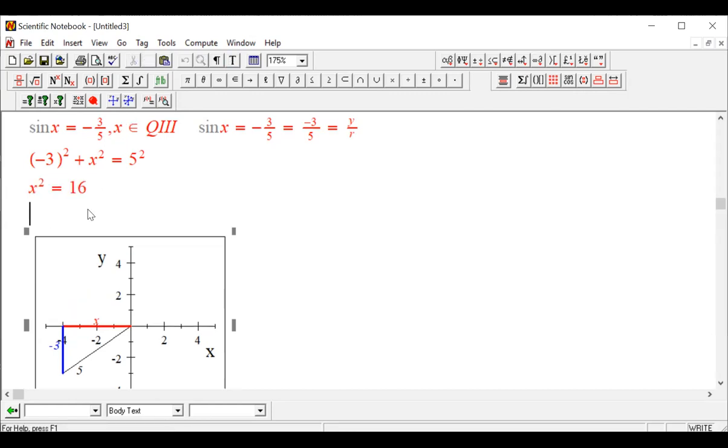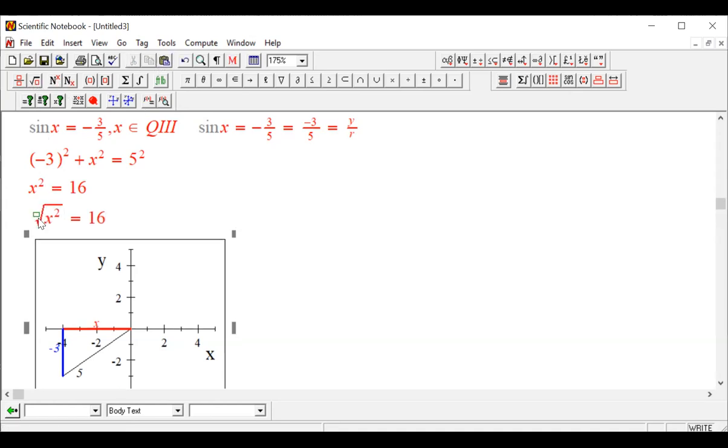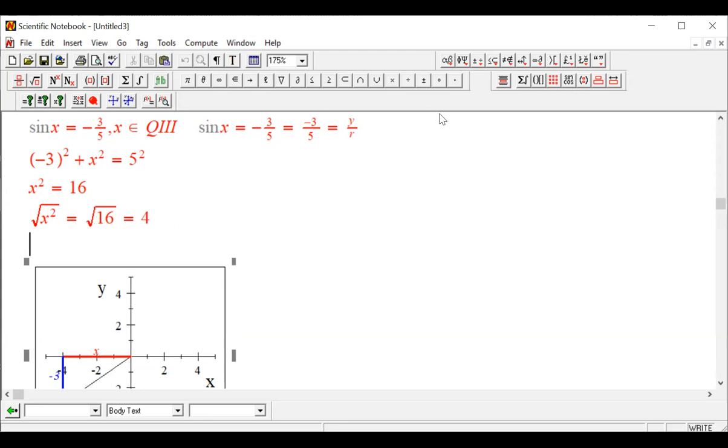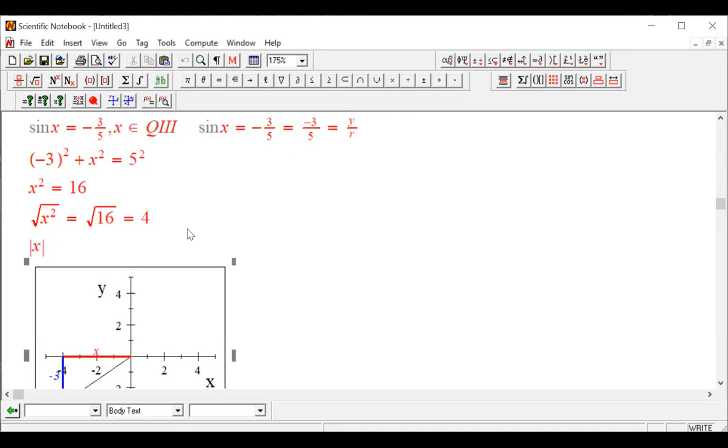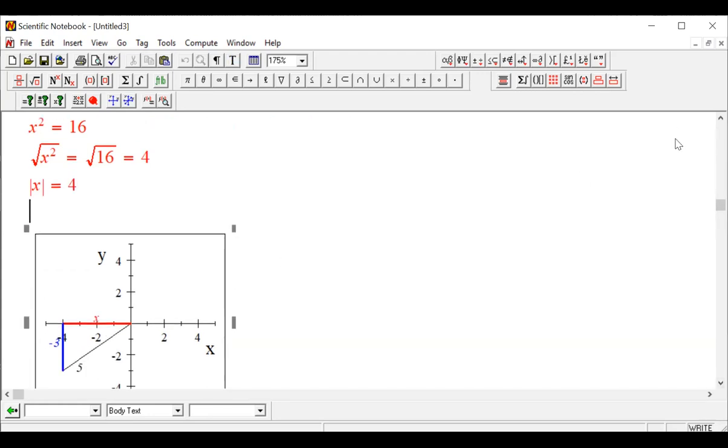The key step is showing that the square root of x squared is the absolute value of x. So this is root 16, and root 16 is 4. The next step, you must show the absolute value of x equals 4.